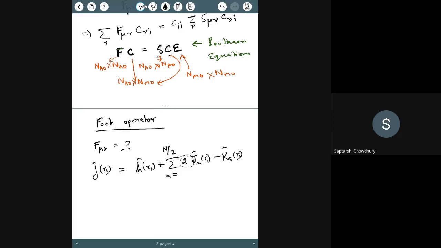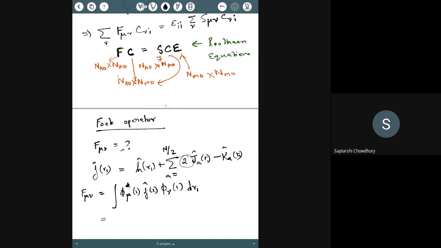Then if you look at the mu nu integral now, what is F mu nu? It is an integral of phi star mu 1 F1 phi nu 1 dr1, right? The one electron part gives me what is called the core Hamiltonian.